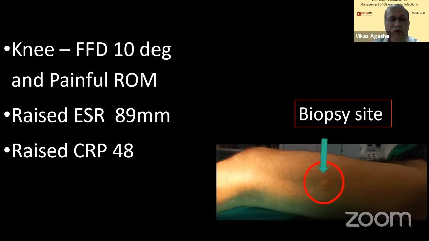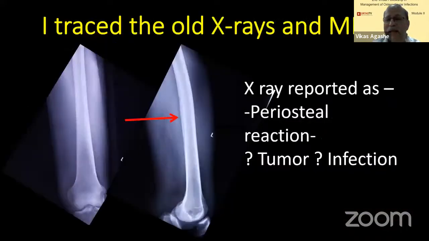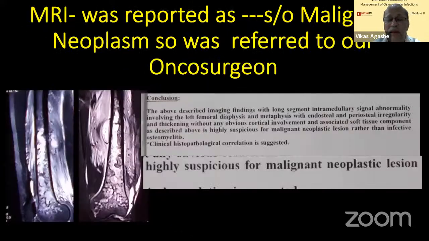He had a flexion deformity. He had raised ESR, raised CRP. When I traced the history, with all these findings and a periosteal reaction suggestive of tumor, the MRI was reported as suspicious for a malignant neoplastic lesion.